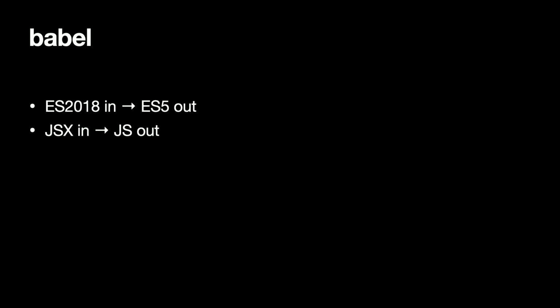In the same ecosystem, Babel is a similar program, which is reading one version of JavaScript and compiling it to another version of JavaScript. This is really common when you want to use the latest JavaScript features, but you want to support older browsers. So what you can do with Babel is write your latest JavaScript code, and it will compile it into code that works for all of the older browsers.